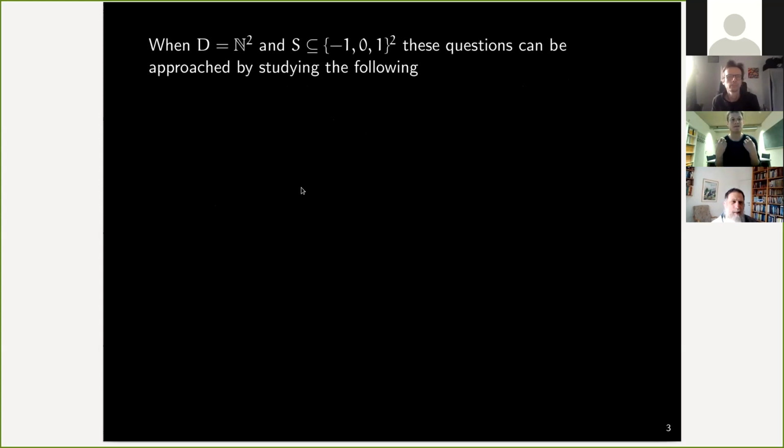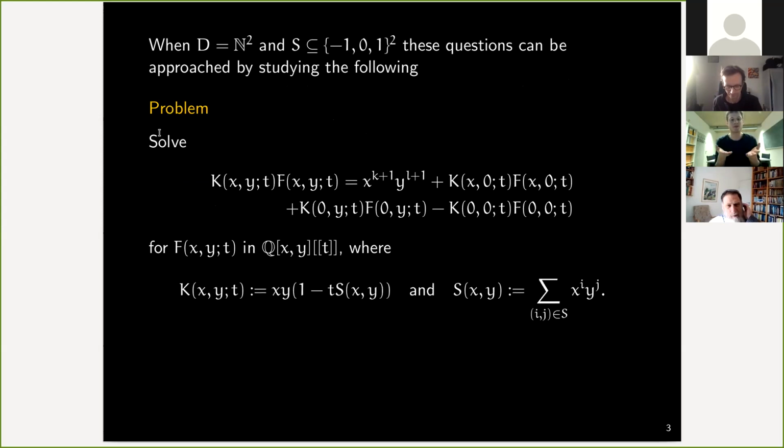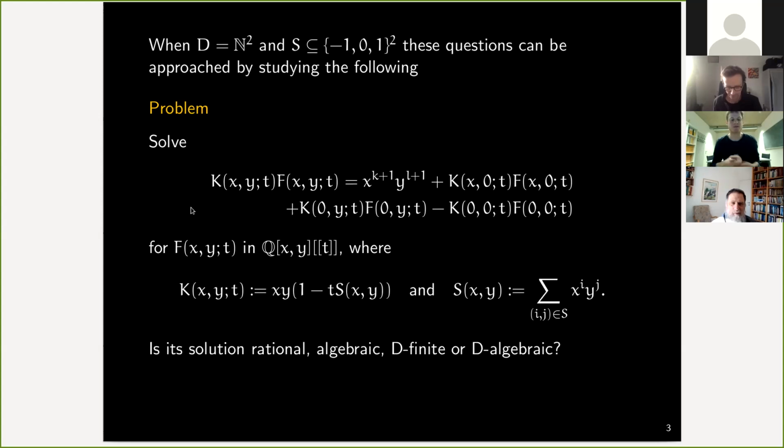When the domain is the non-negative quadrant and the set of admissible steps is contained in this set here, then these questions can be approached by studying the following problem. Solve this functional equation for f in the ring of series in T whose coefficients are polynomials in x and y, and decide whether its solution is rational, algebraic, D-finite, or D-algebraic.